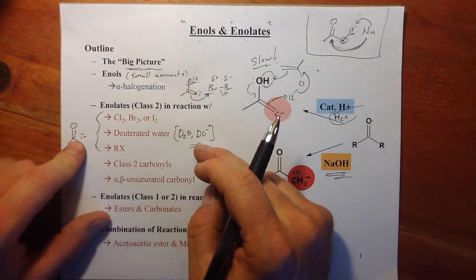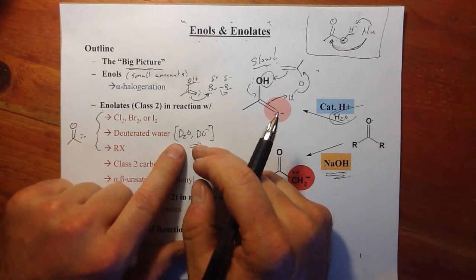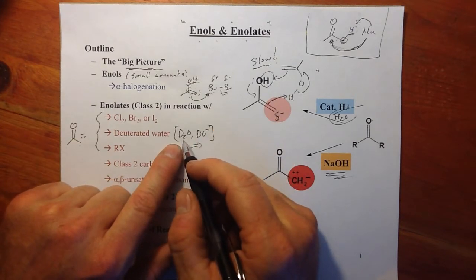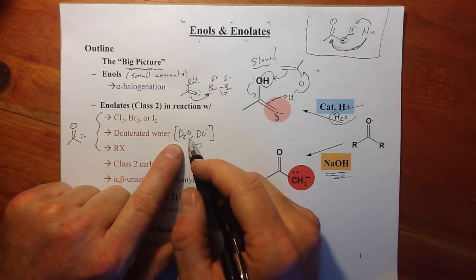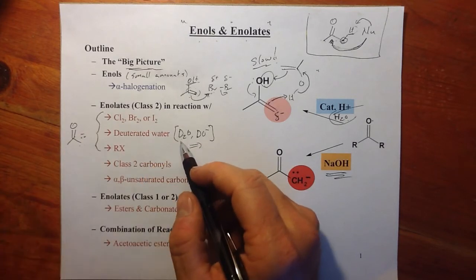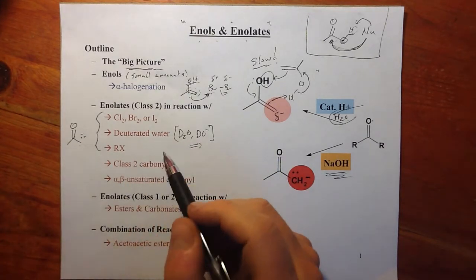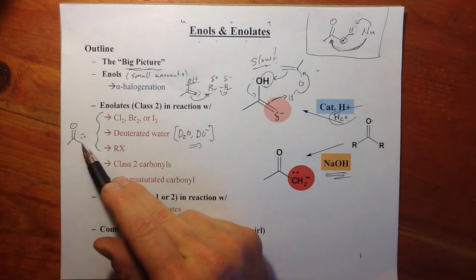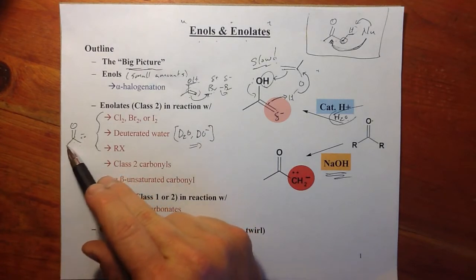We could make a little bit of the enolate. The enolate could start attacking the D in water, deuterium being the isotope of hydrogen, and we could start deuterating the alpha positions of these carbons.